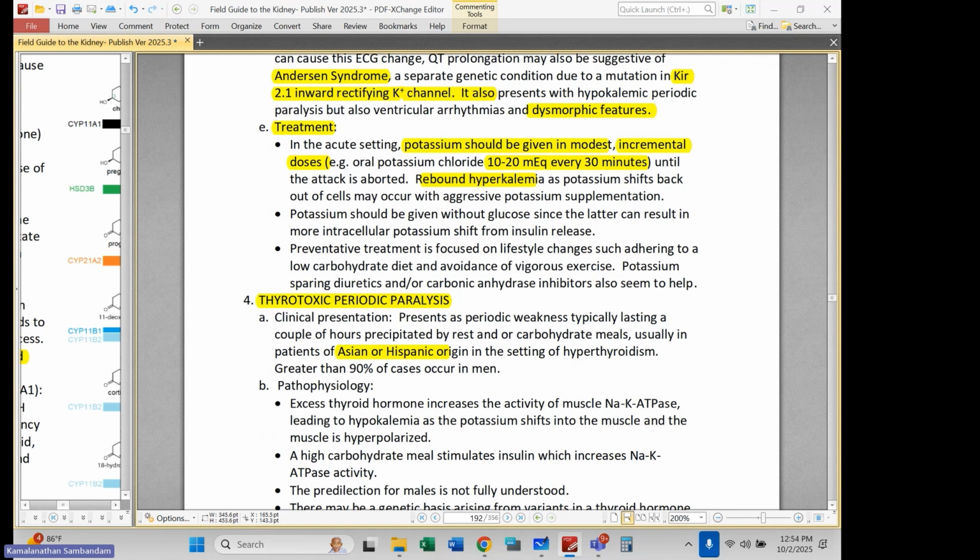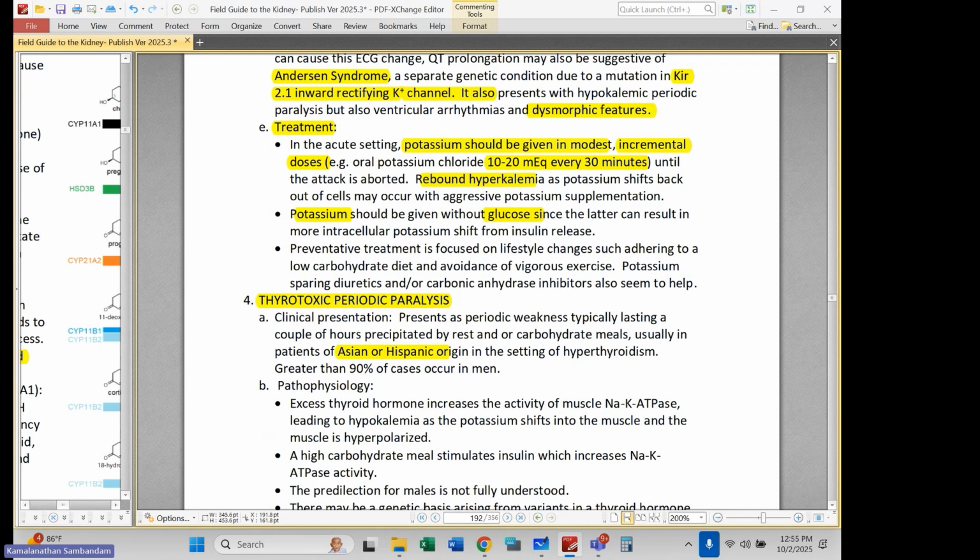Okay. We would typically give potassium without glucose. Remember, the typical potassium supplement given as an IV infusion is diluted in D5W. So you have to be careful about that.